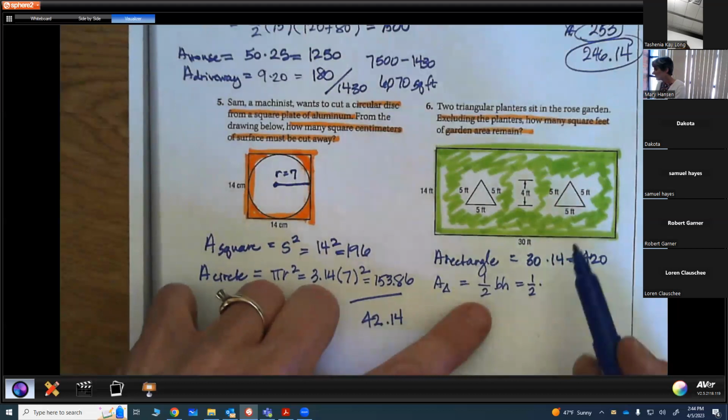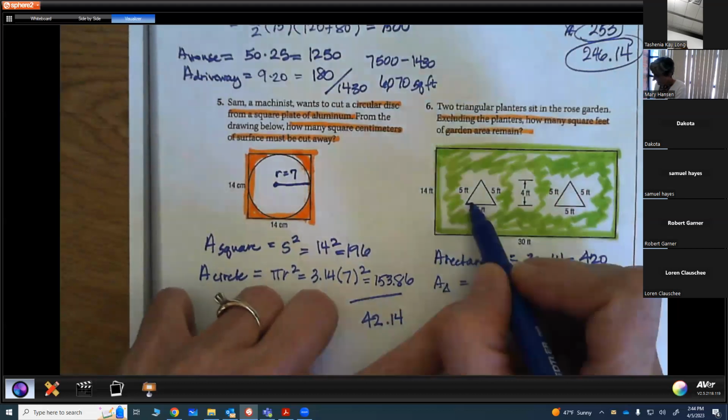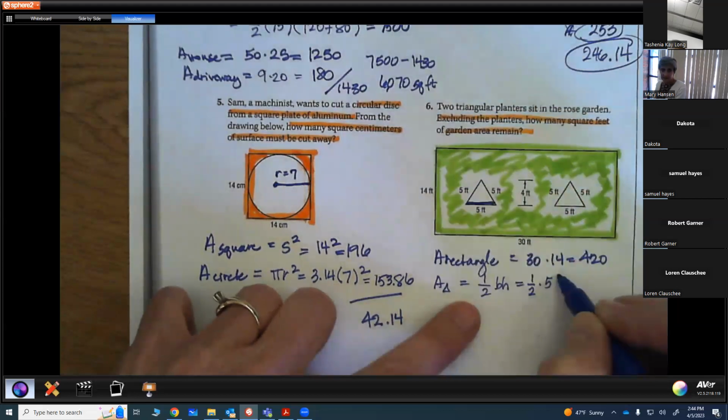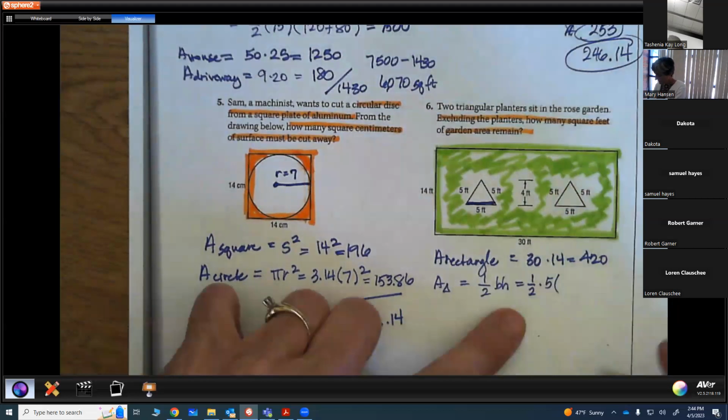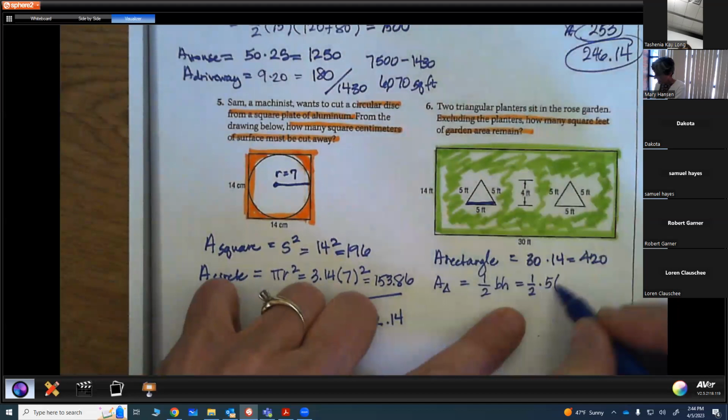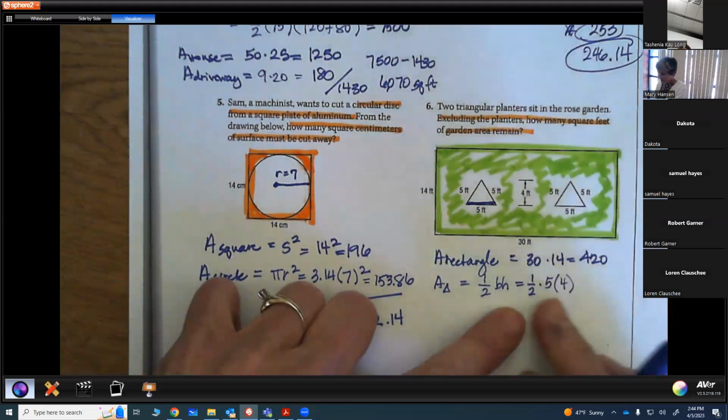Yep, my base of my triangle is 5. And then what's the height? The height is 4, and that's why they gave us this 4 measurement right here in the middle. Okay, so there's our base and our height.